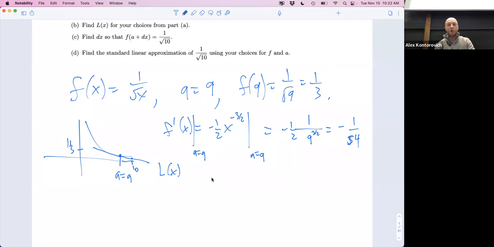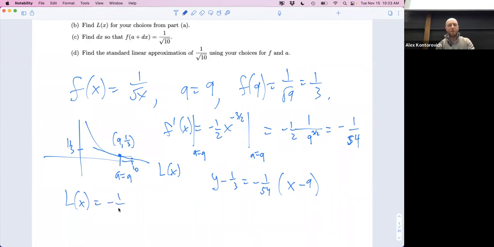All right. And so the equation would be y minus a third is equal to negative 1 over 54. I'm thinking of this point, 9 comma a third, as a point on the line with slope negative 1 over 54. So this is x minus 9. And so this is the equation of the line L of x. So I'll move the 1/3 to the other side.